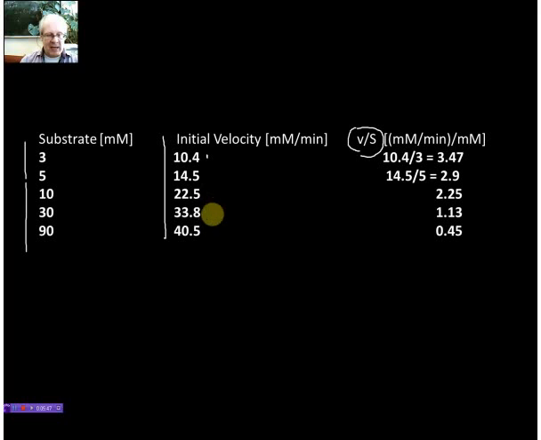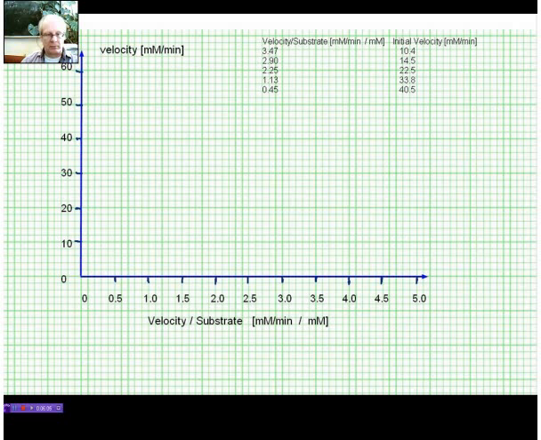So we basically calculate the initial velocities divided by the corresponding substrate concentrations, and we get a nice list of these data here. And now we are more or less ready to plot. So here again are our data.